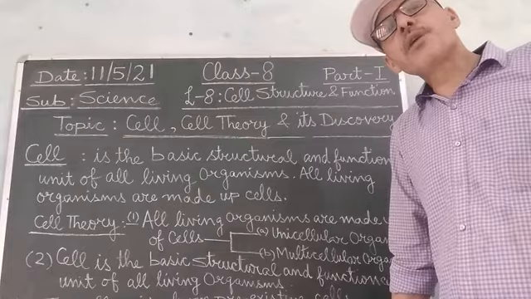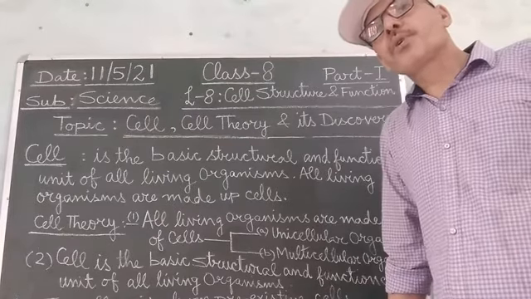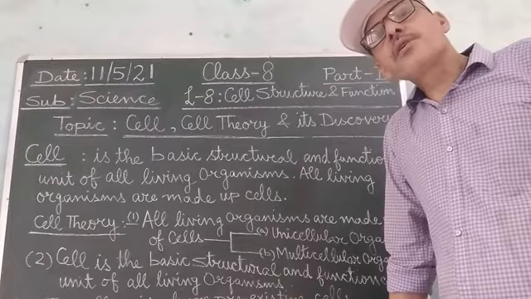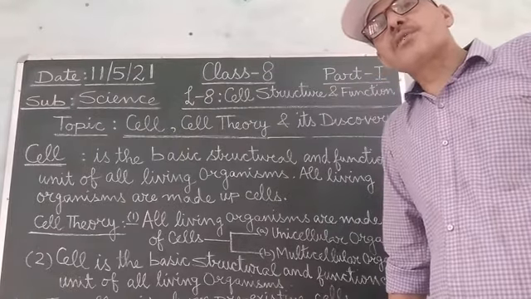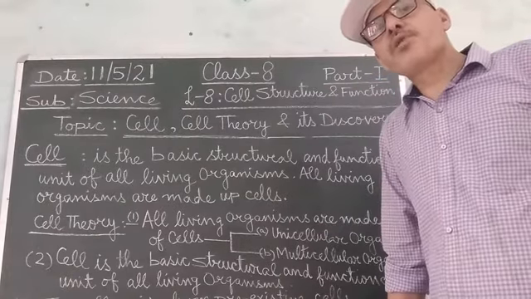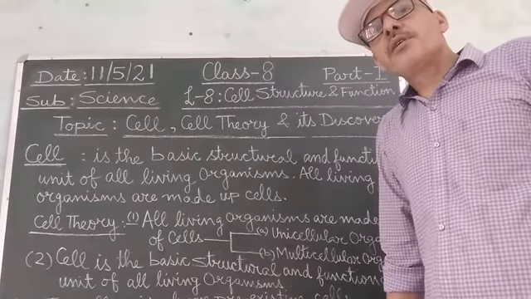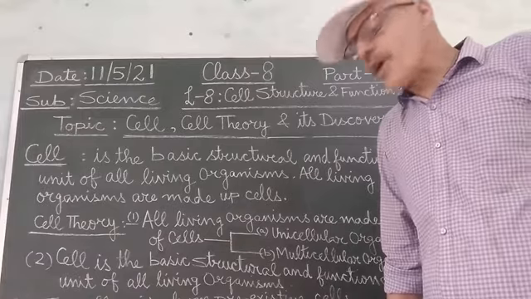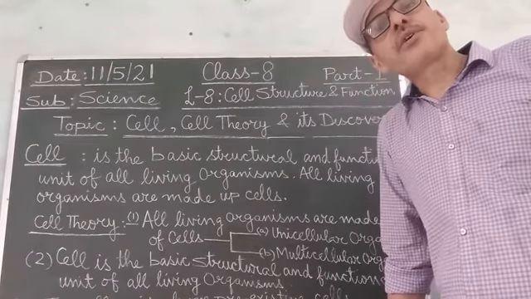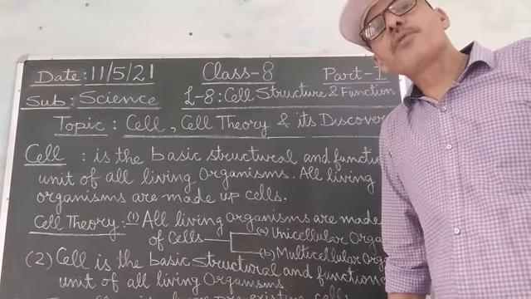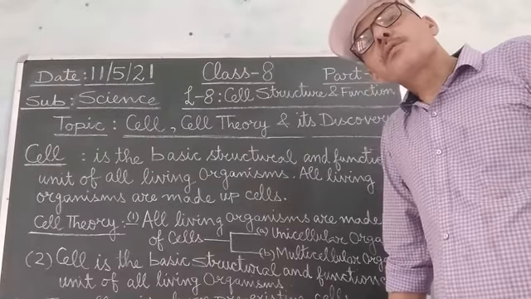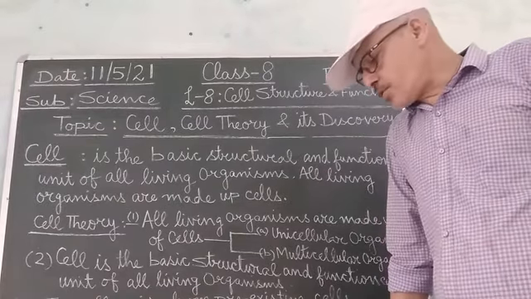Second important thing about the size of the cells is that most of the cells found in the body of living organisms have a diameter of 0.0025 centimeters.